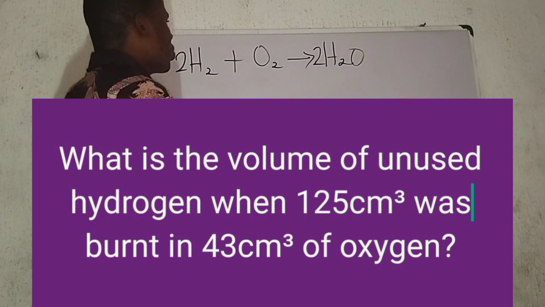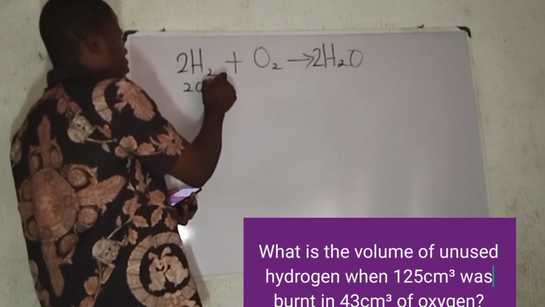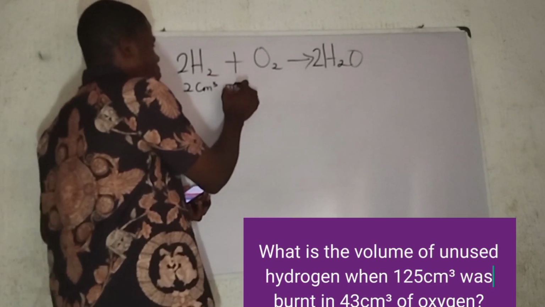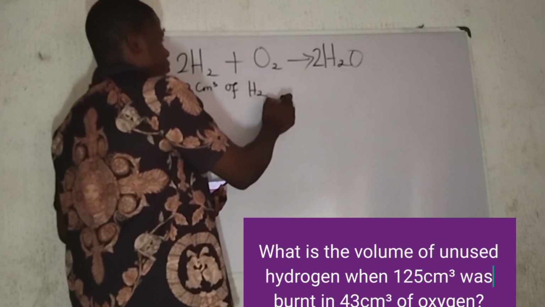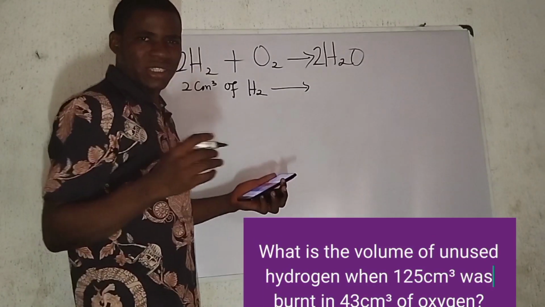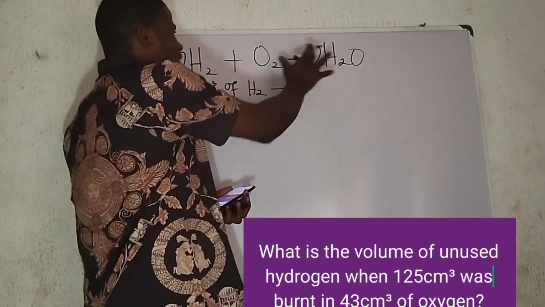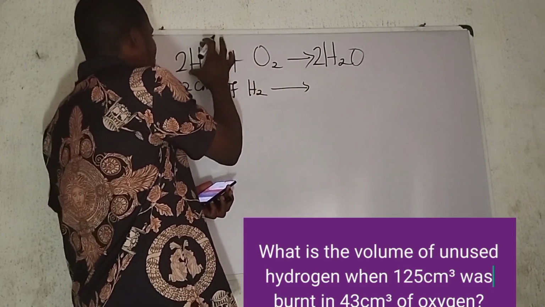Now from this equation for the reaction, we can see that 2 cm³ in terms of volume, 2 cm³ of hydrogen is meant to react with, because this is the standard equation for the reaction between hydrogen and oxygen.